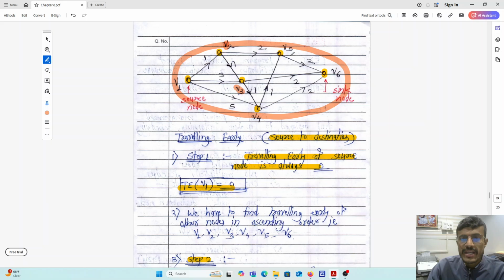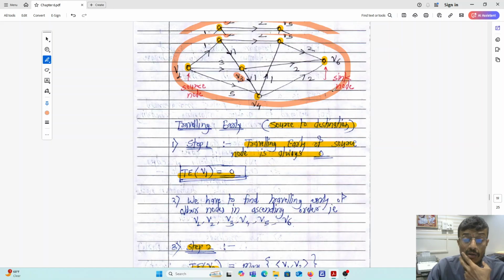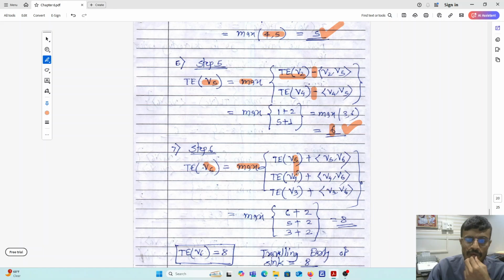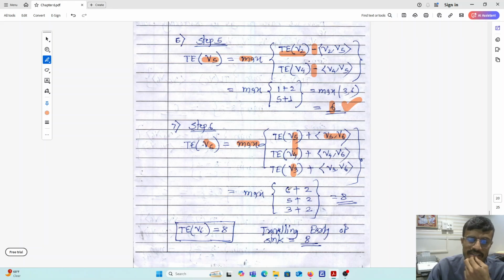So that's why you can take here V5, V4 and V3 adjacent edges. And out of this you can find here 6 plus 2, 5 plus 2, 3 plus 2, which is equals to maximum of them, that is 8. So traveling early value of V6 is equals to 8.